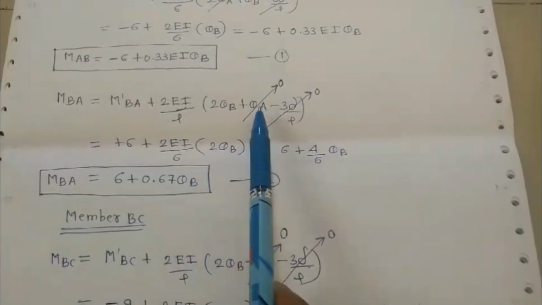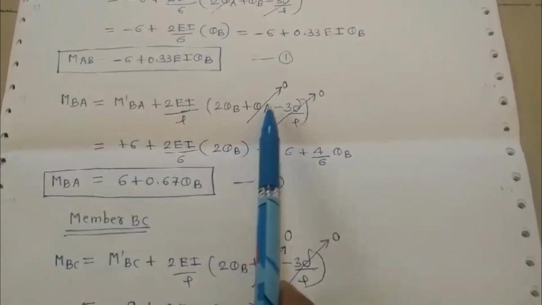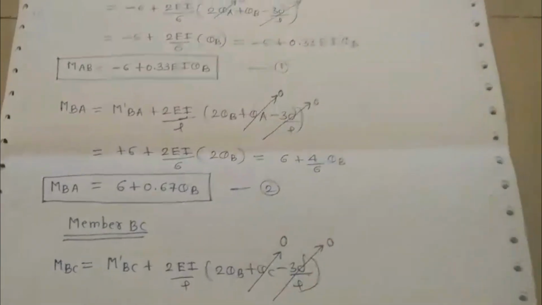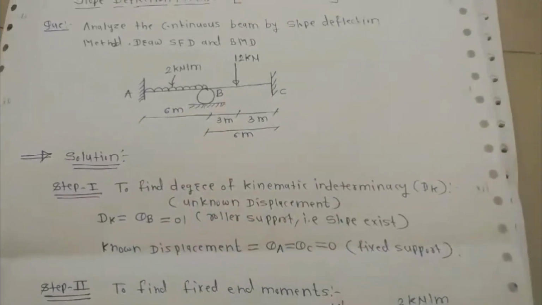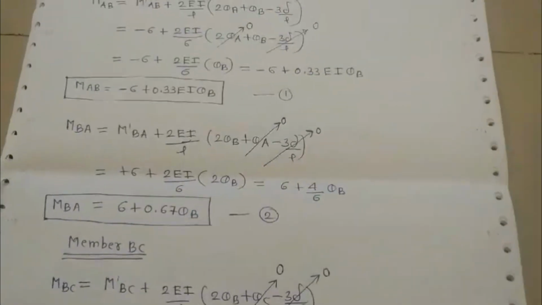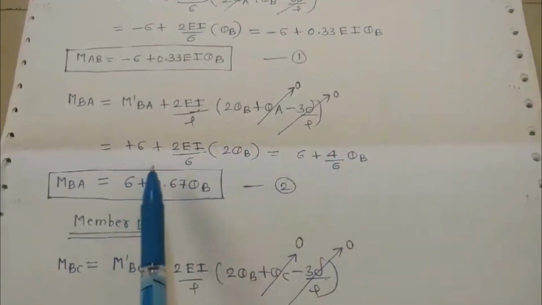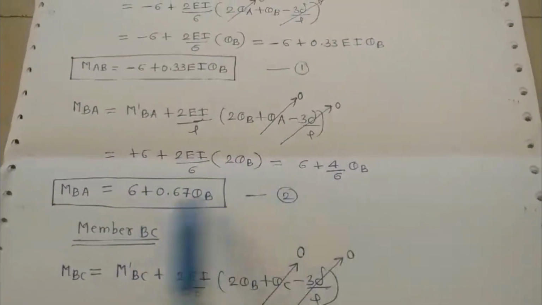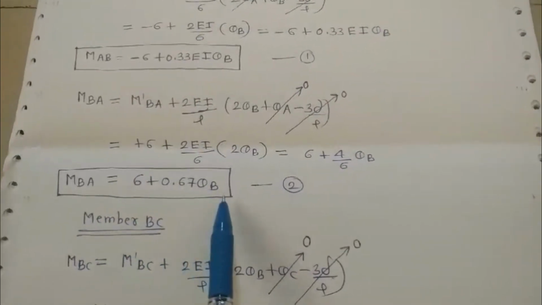As you can see, at support A there was a fixed support, hence theta A is equal to 0, and the vertical displacement at A as well as at B is 0, hence delta is also 0. So after simplifying, you will get MBA is equal to 6 plus 0.67 EI theta B.